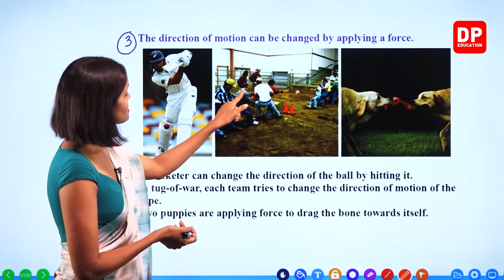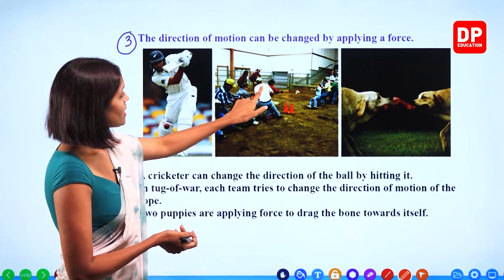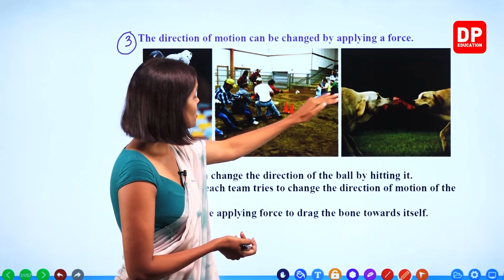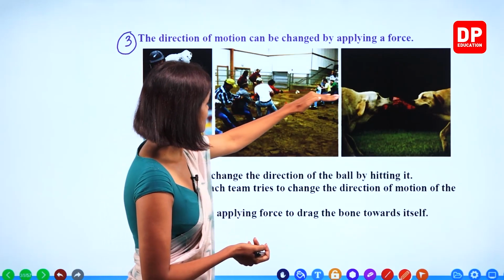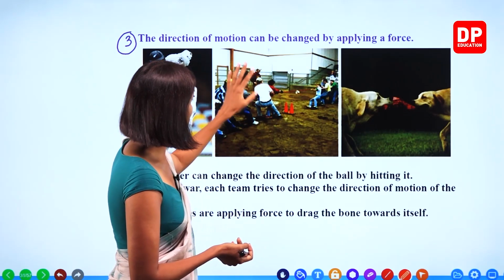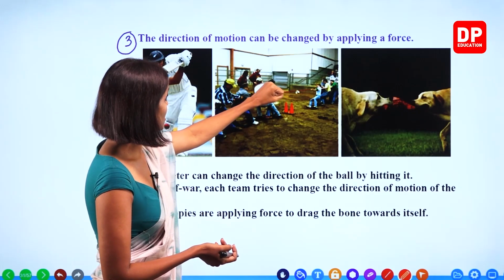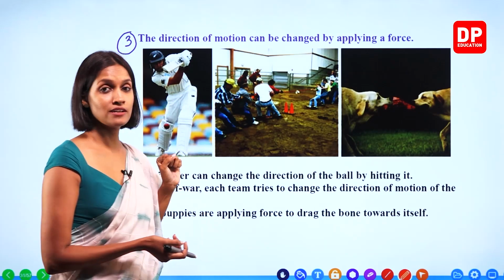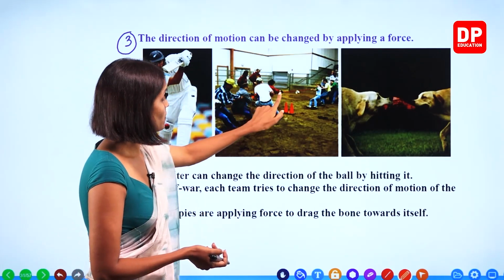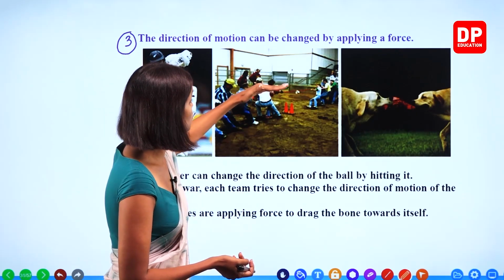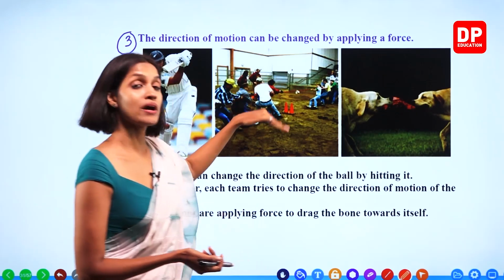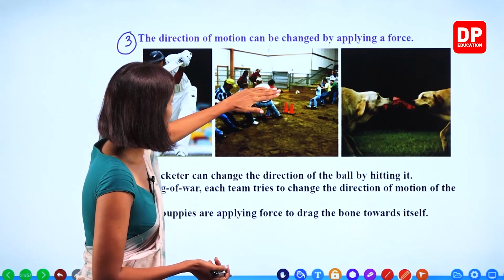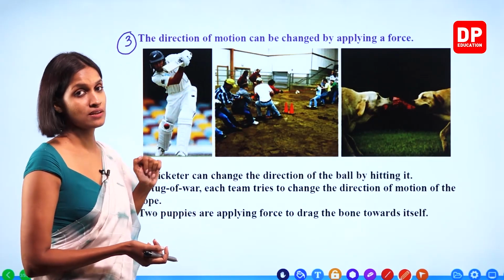Here this is tug of war. When this group of people pull the rope to this side, this group of people, by applying force, pull the rope to their side. When this rope is moving towards them, by applying a higher force, they can move it to this direction.